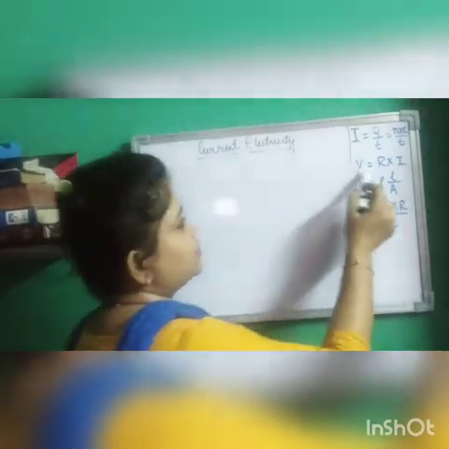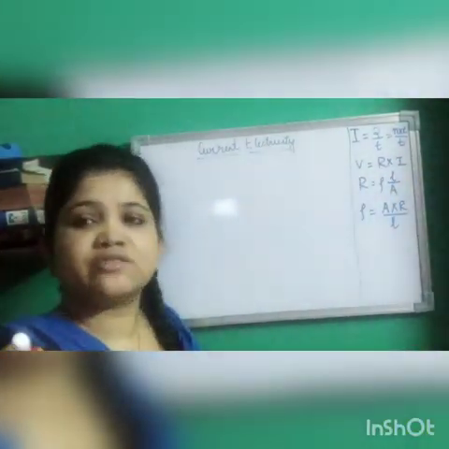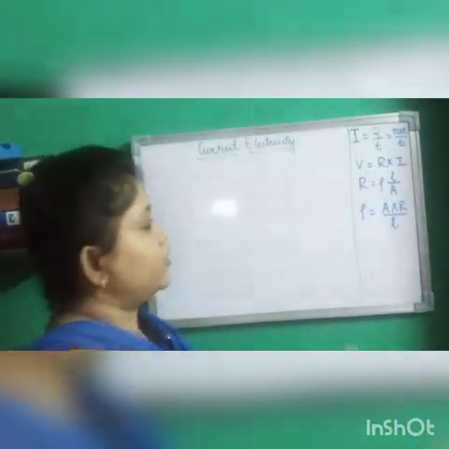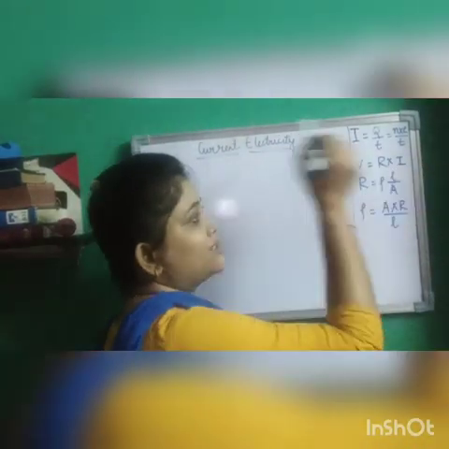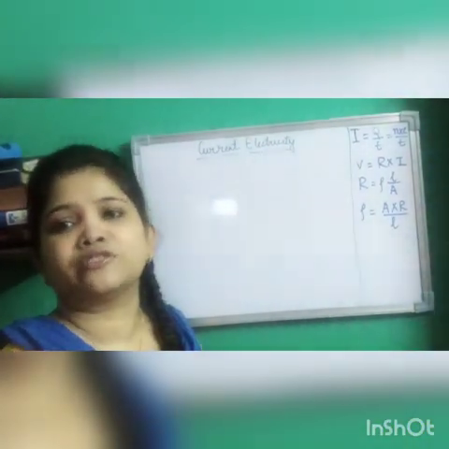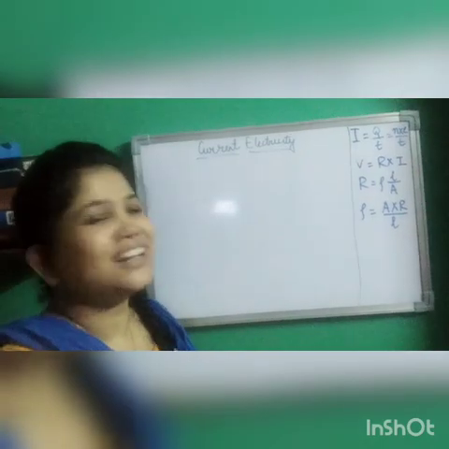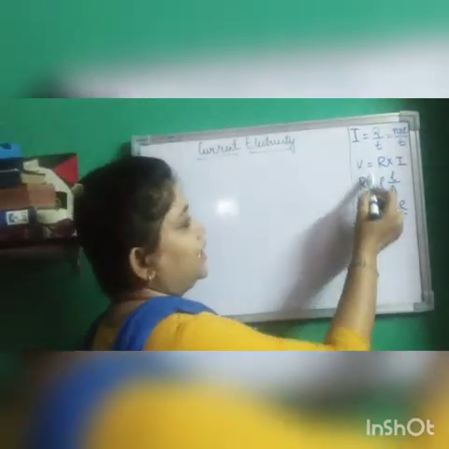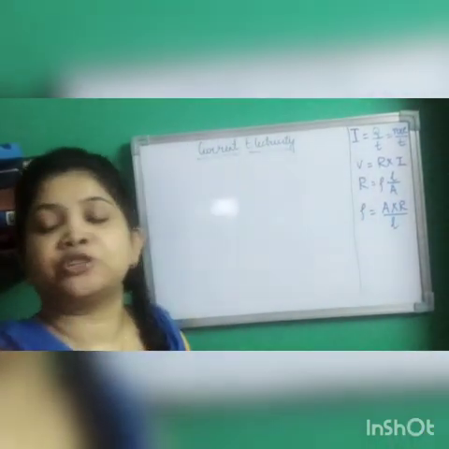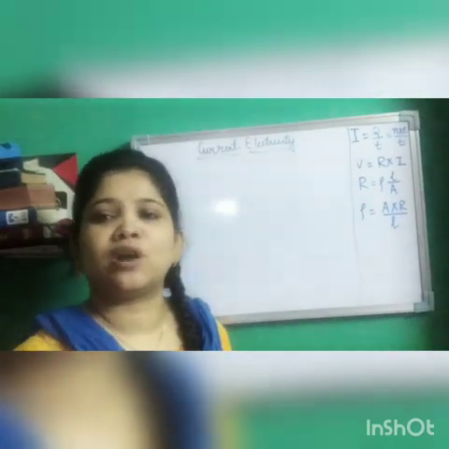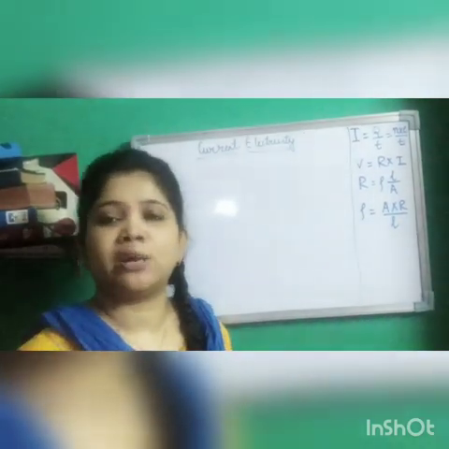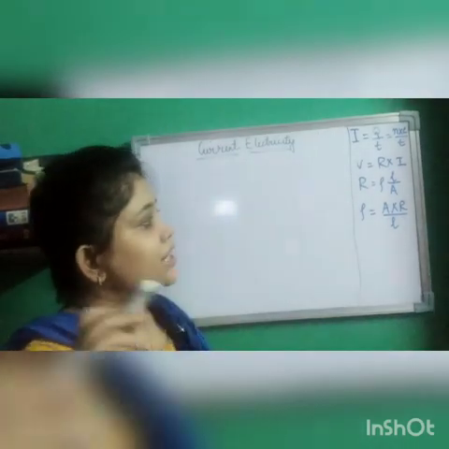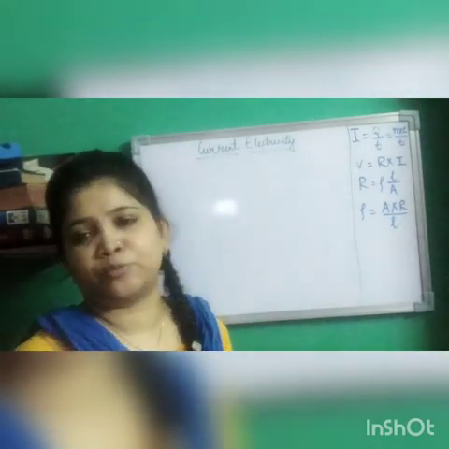Now this is obviously Ohm's law, which is V is equal to R into I, where V is the potential difference, I is the current and R is the resistance of the conductor. I had also taught you the factors on which the resistance of a wire depends. Resistance of a wire mainly depends on two factors. It is directly proportional to length and inversely proportional to area.